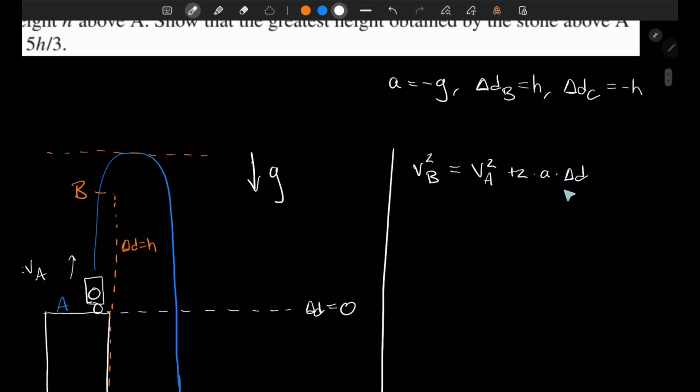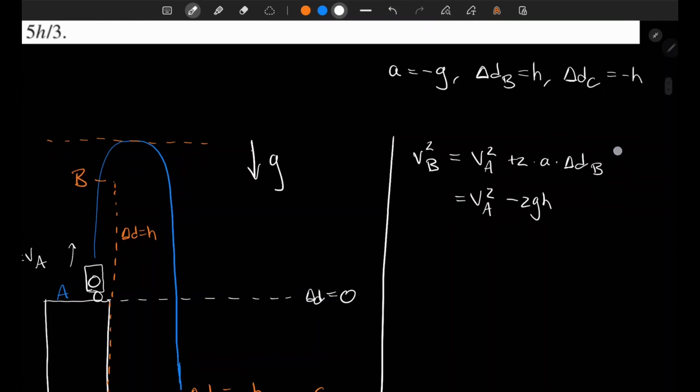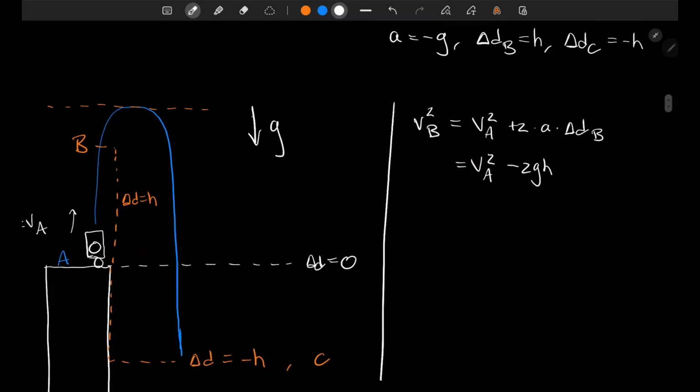Okay, then plugging into this formula here, we see that this is equal to vA squared minus 2gh. And it's minus because we have plus 2 times negative g, because that's our acceleration, times h. And this is the delta d at point B. Okay. So that's our velocity squared at point B.